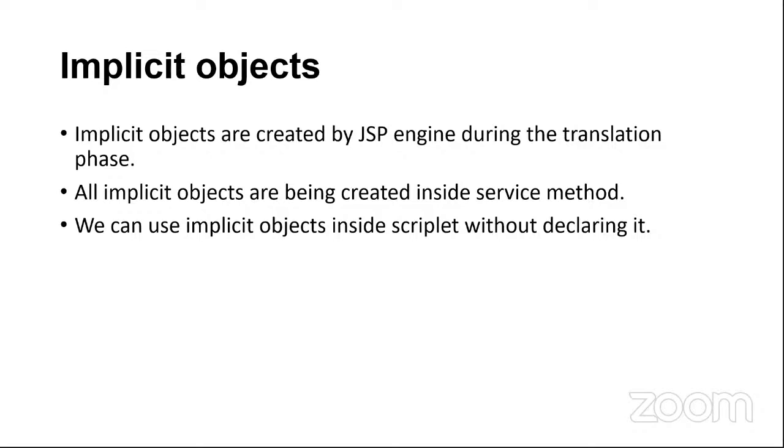Of course, we can use these objects inside a scriptlet without declaring them. Without declaring any objects, we can use those objects by default. How is it possible? Because those are created and maintained by the container.